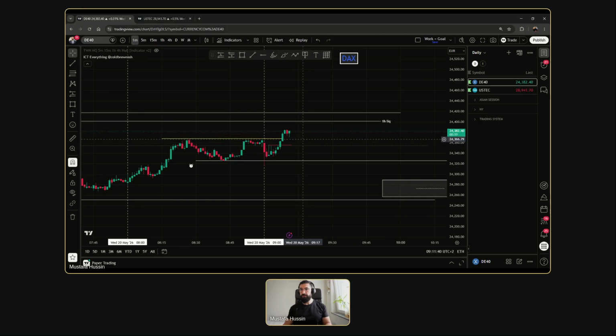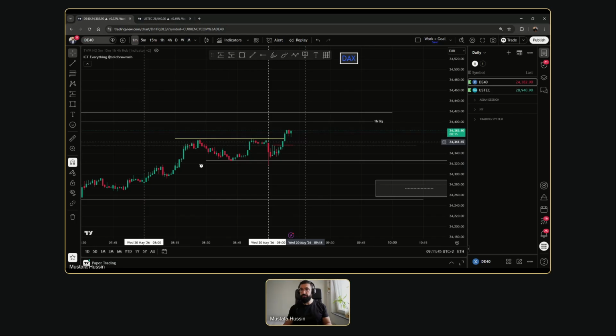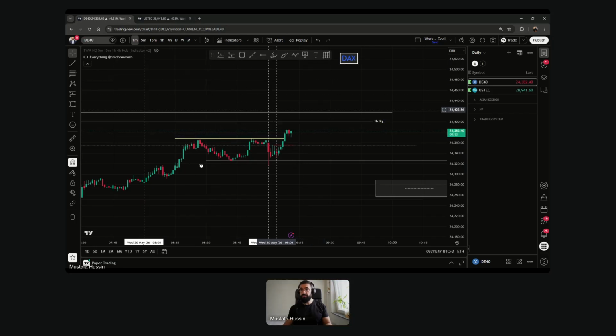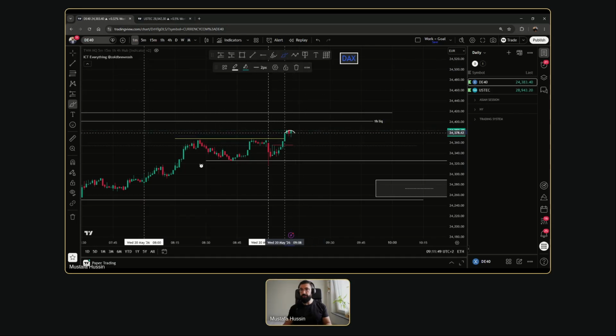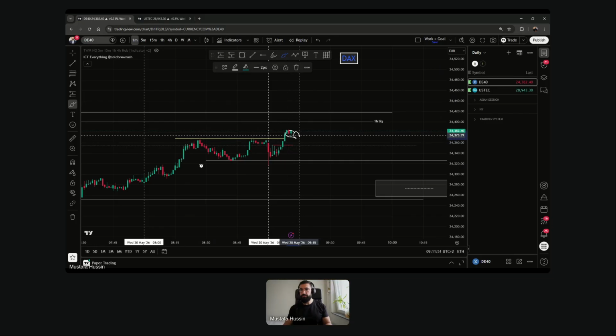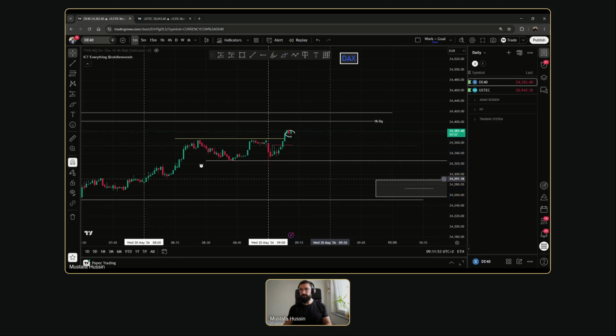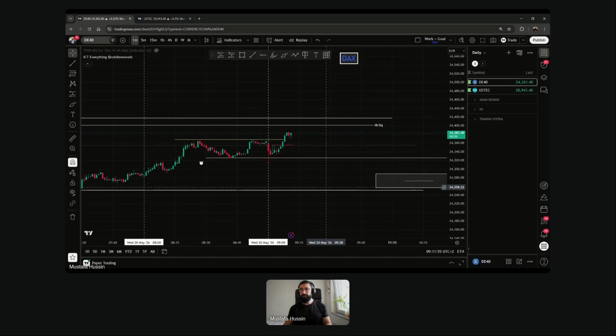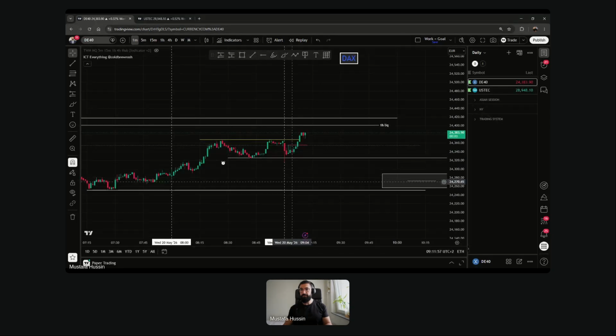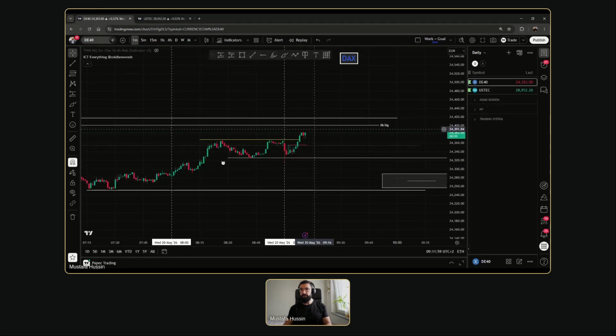So will this react from this fair value gap and continue to the upside? You can do that, probably. But the most ideal move right there is to have a setup right here and then it continues to the downside, or on the 1 hour liquidity right there.